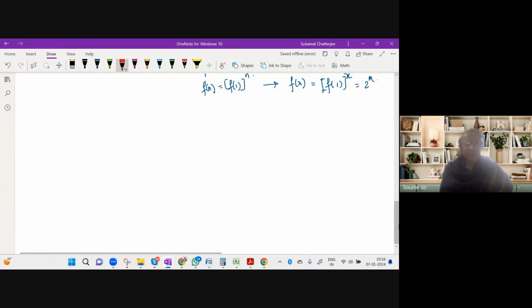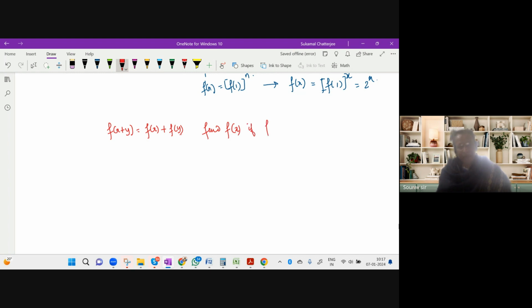Now there is a little variant of this question: f of x plus y equals f of x plus f of y. Find f of x if f of 0 is equal to 2.